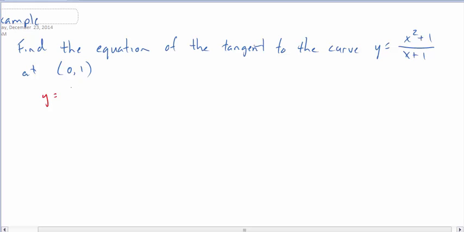This y is actually equal to x squared plus 1 times x plus 1 to the negative first. So our first thing that we're multiplying is there in the green box. The second thing we're multiplying is there in the black box.